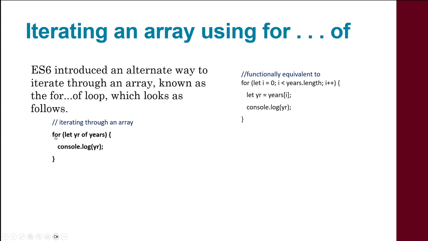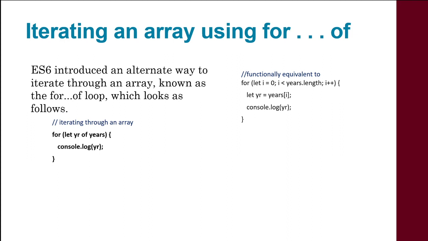So for setting a variable of year of years. So for every year in the array years, write the year. That is the equivalent of using a for loop of, for setting I to 0. And then the way you get the length of an array is array.length.